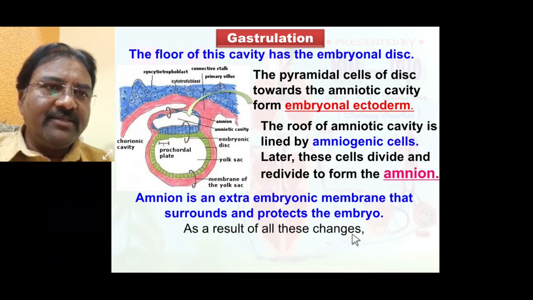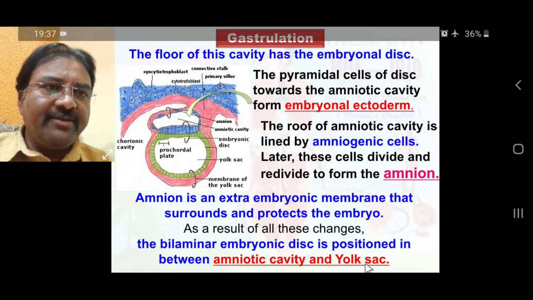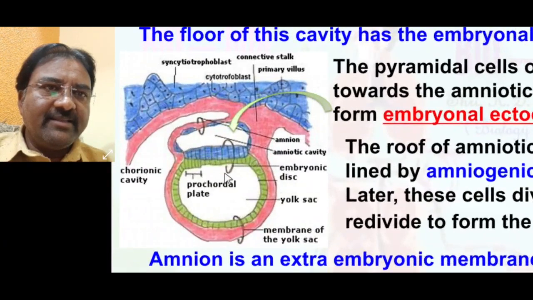As a result of all these changes, the bilaminar embryonic disc is positioned in between the amniotic cavity and the yolk sac.